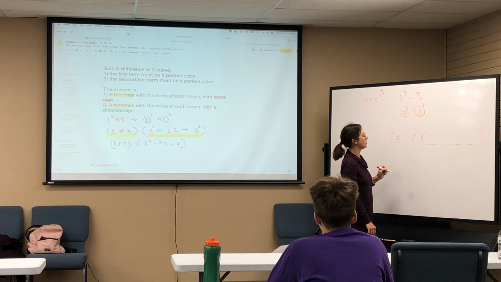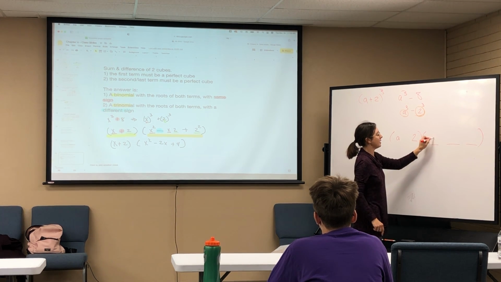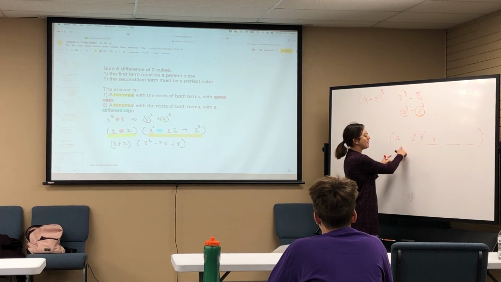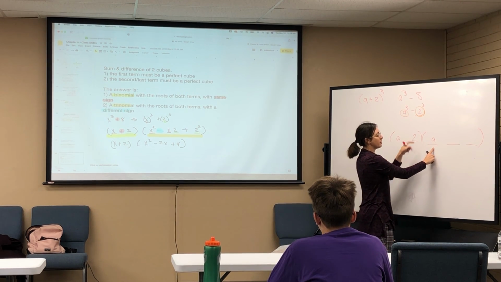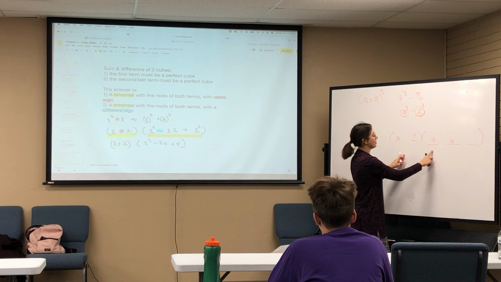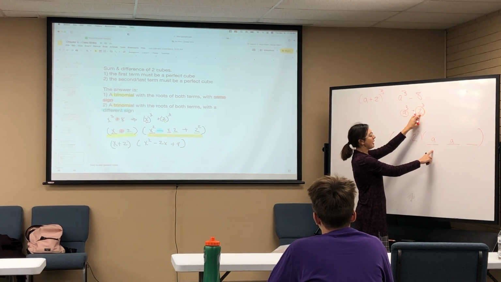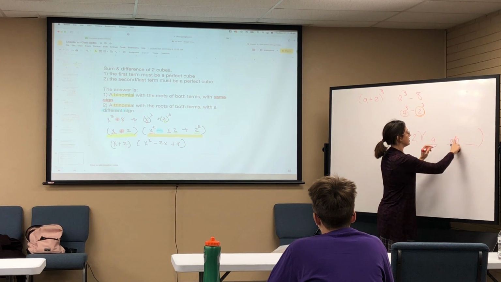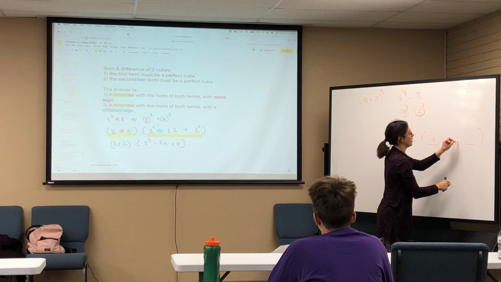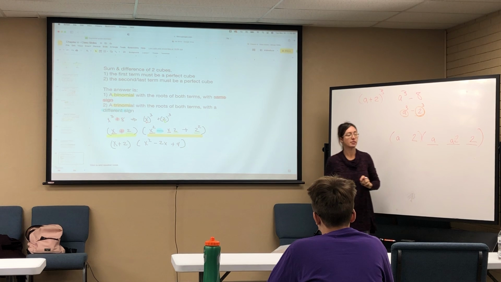Because I've got this trinomial. So I'm going to put my a again. My a goes in 3 places because it's cubed. A goes in the first one, first here, and it goes here. And then my 2 goes in my b spot. It's going to go here, and it's going to go there again.